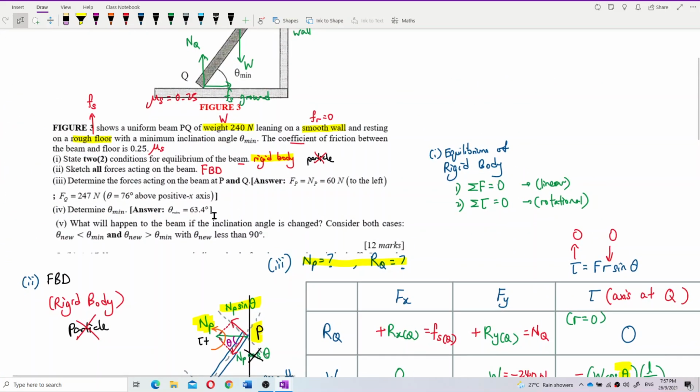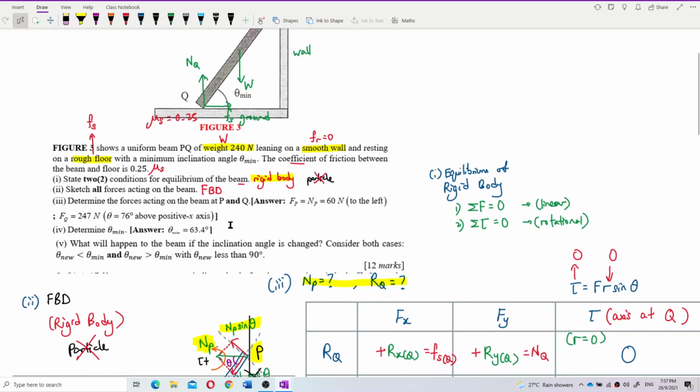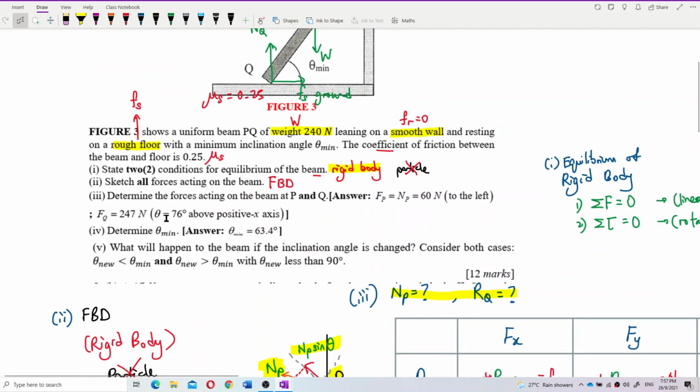Can you see the angle is different? This angle theta just now is for the reaction force on Q. This theta is the angle for the beam.